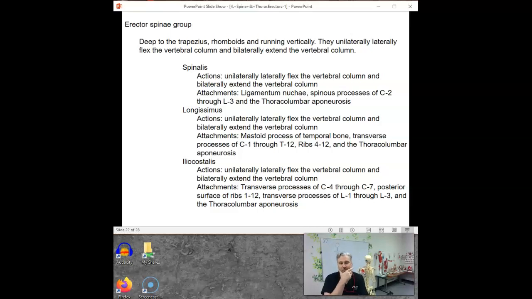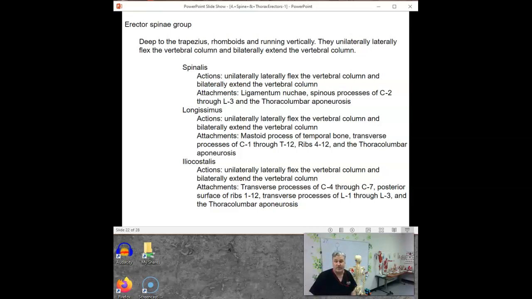These are my own notes, and this is a simpler way to look at the attachments of the spinalis. Because really, the spinalis attaches the spinous processes of C2 to L3. So, what is your first spinous process on your body? It's C2.